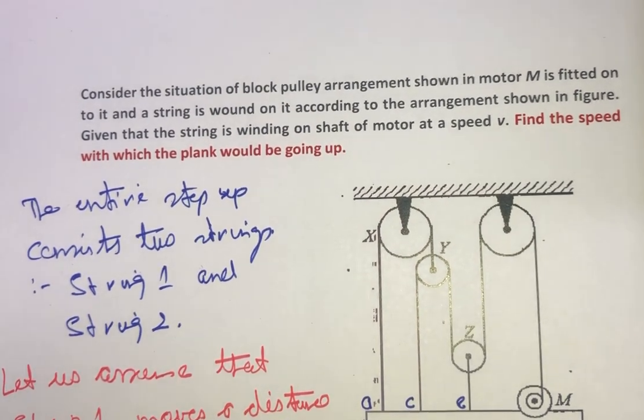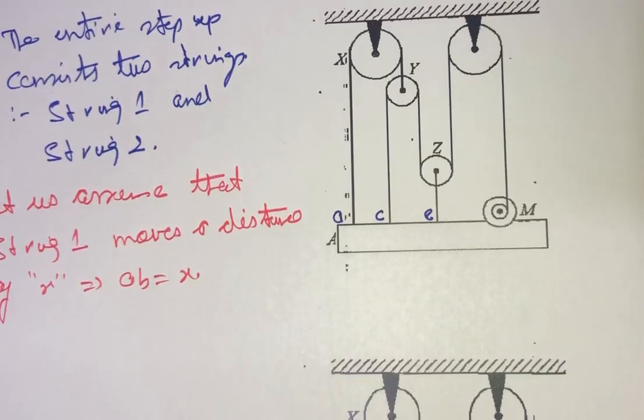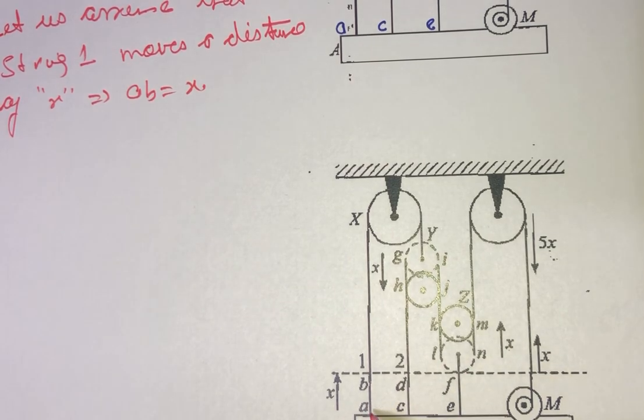This means that AB is equal to x. So this is the first part. The distance AB is the movement of string 1, which is given as x.